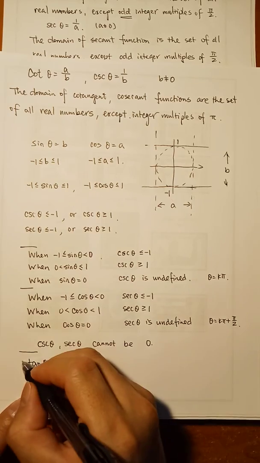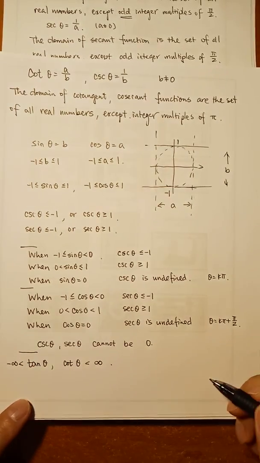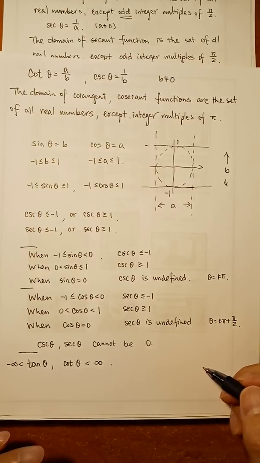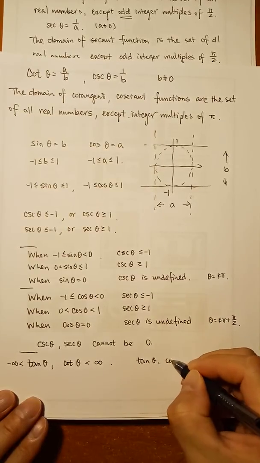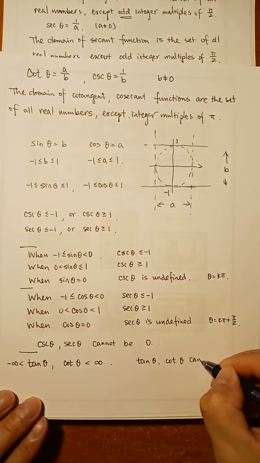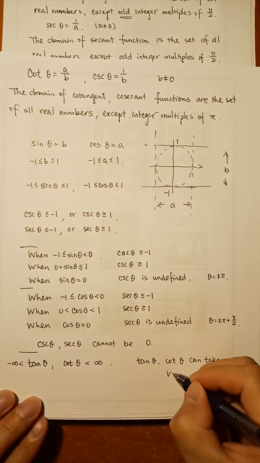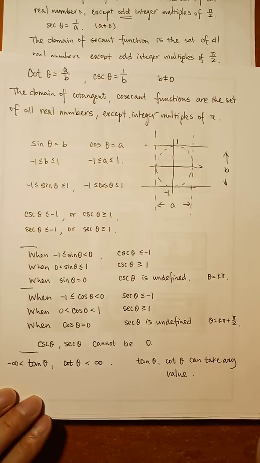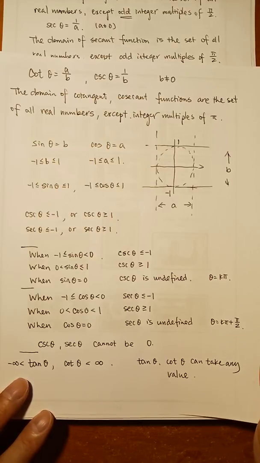So they range from -infinity to +infinity, which means they can take any value. Tangent theta can be 0, positive, small, positively large, negatively small, negatively large.